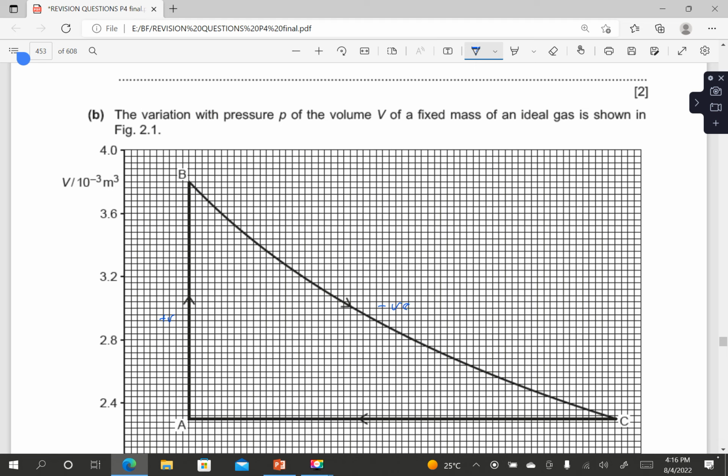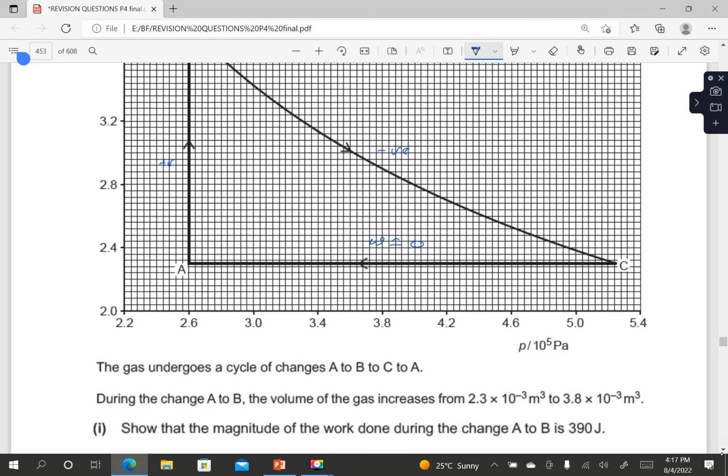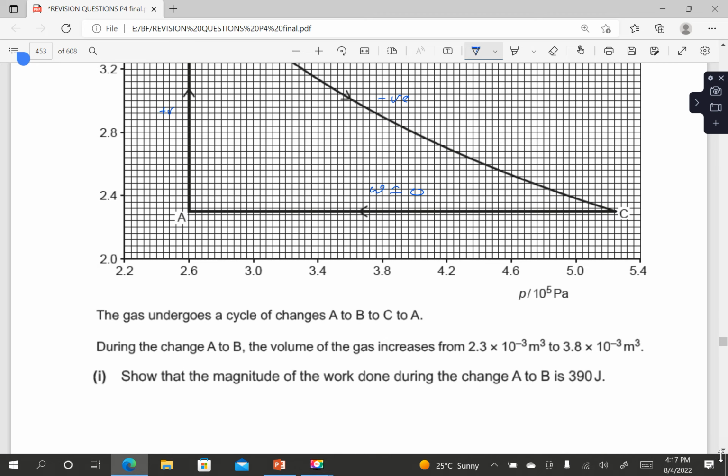Along CA there is no work done because the volume is constant, so here work done is 0. And when we move from A to B to C back to A, the total net change in internal energy will be 0. Even though the internal energy changes along different stages, when we come back to the same final temperature as the original temperature, the change in internal energy is 0.